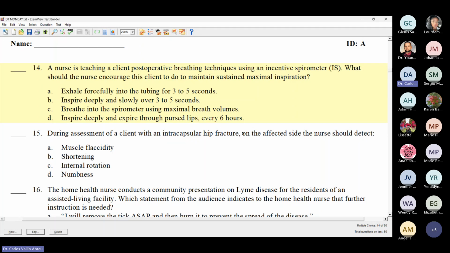While you are sucking, while you are introducing air in your lungs through the device, you'll see a marker elevate and reach the desired level. Each time you elevate this marker more and more, it is motivational. The machine incentivizes the client to breathe deeper and deeper.